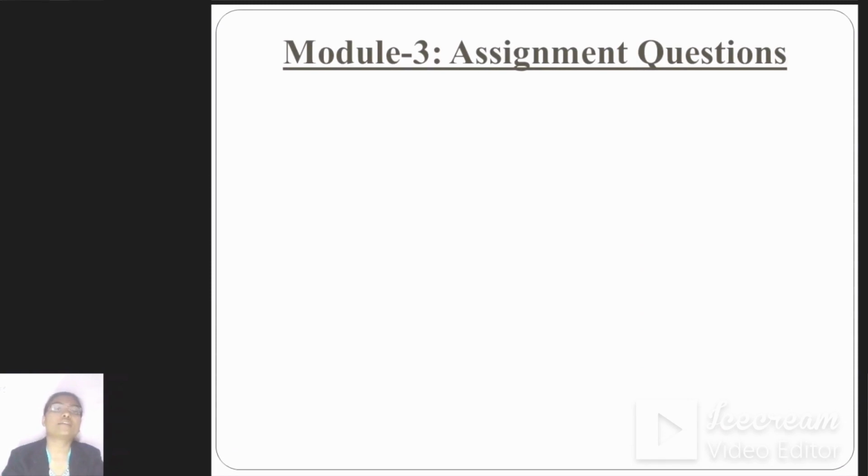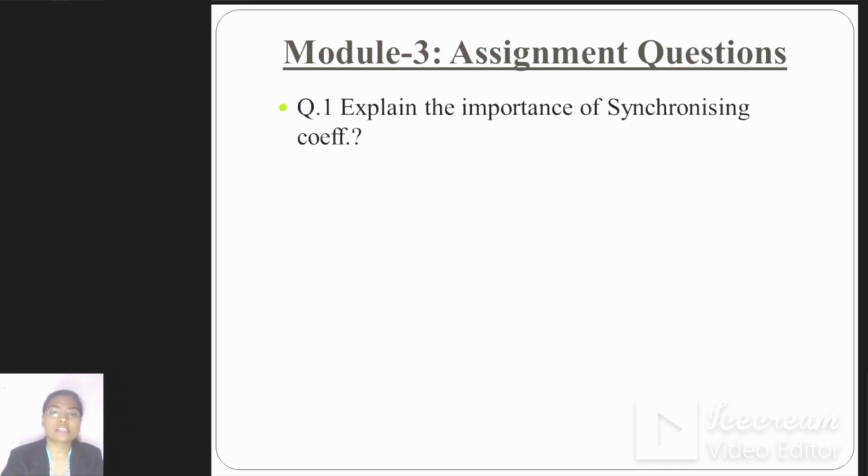Yes, we have come to the end of this module number 3 of unit 1, that is power system stability. So let's see a few assignment questions which are repeatedly coming in the INSEM and ENSEM exams. First is, explain the importance of the synchronizing coefficient, that is how the psi parameter is varying, what the value of the psi parameter is, whether positive or negative, for stable and unstable conditions, and what its adverse effect is if the synchronizing coefficient is negative or positive.